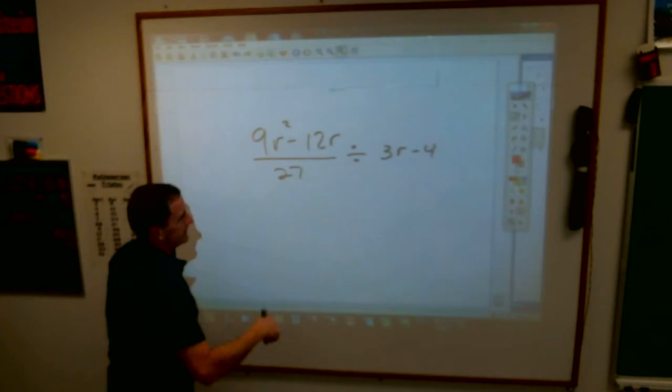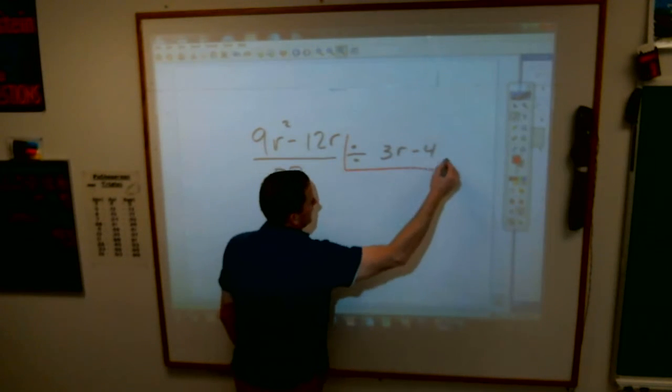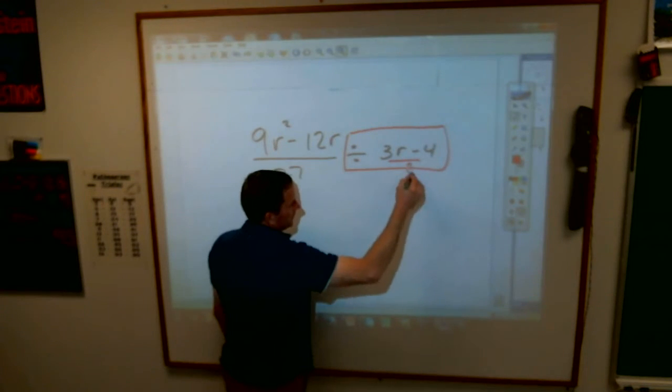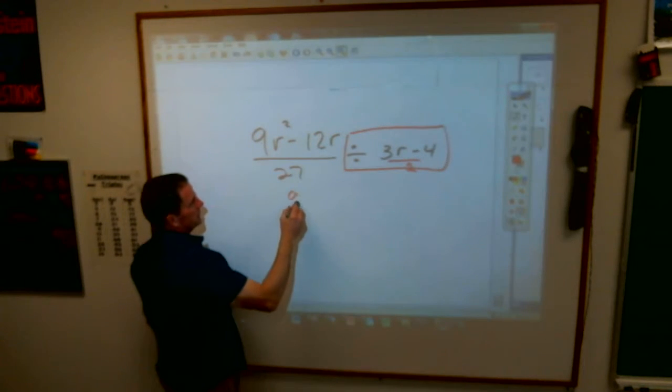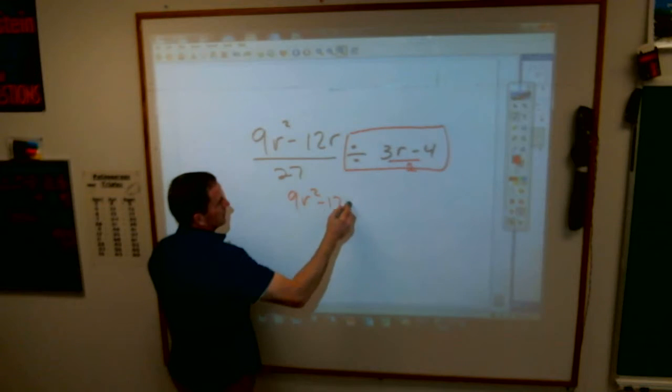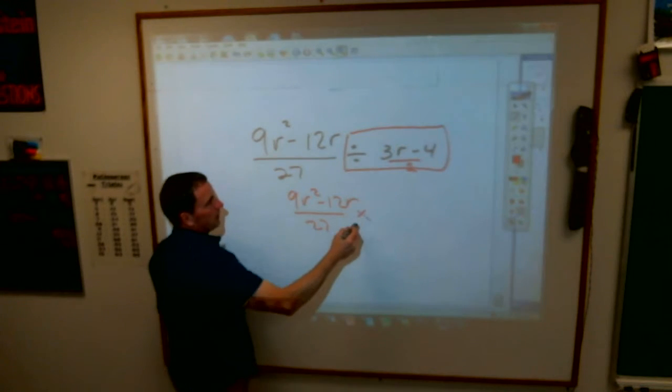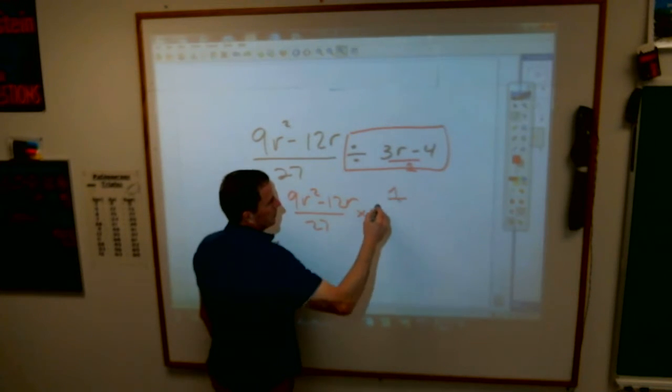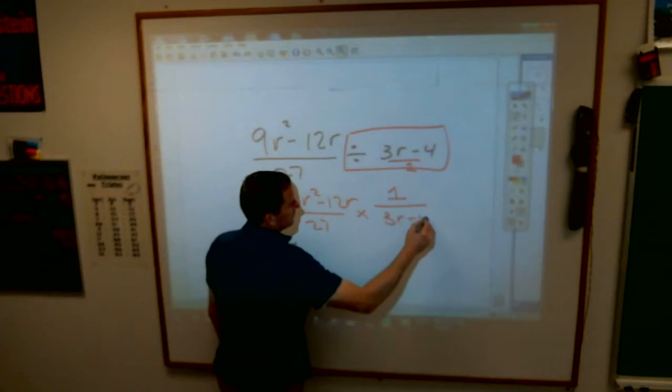So before you do anything, you have to change this into multiplication by flipping and multiplying by that. So this stays the same. This becomes 1 over 3r minus 4.